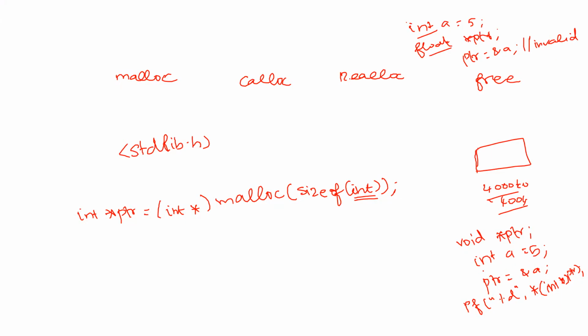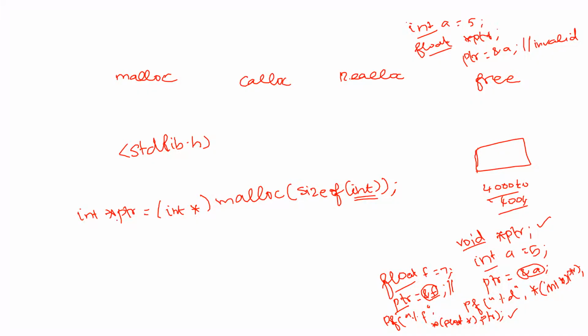If I create one more variable, float f = 7, and ptr = &f, here ptr is a void pointer and f is a float variable, so it is valid. If I want to print, I have to use printf of %f, *(float *)ptr. It is valid. So a generic pointer can hold the address of any data type.